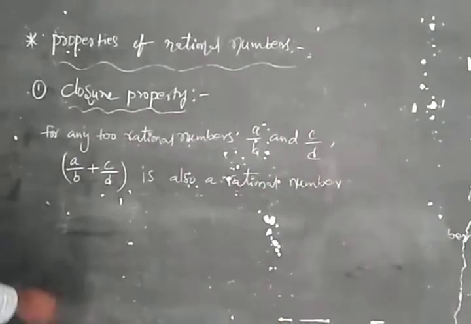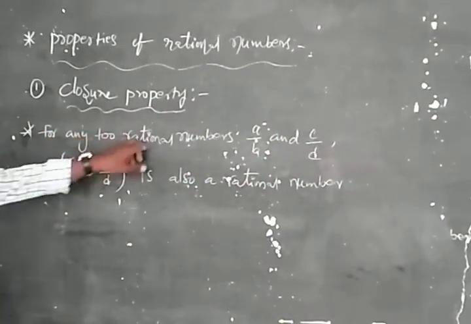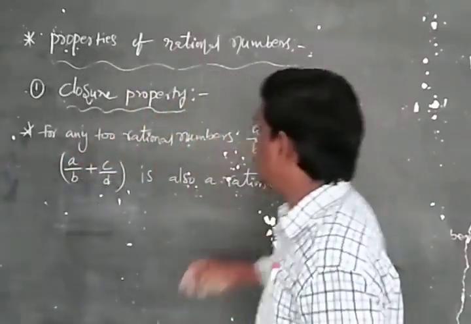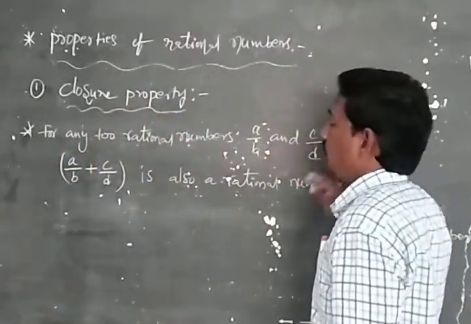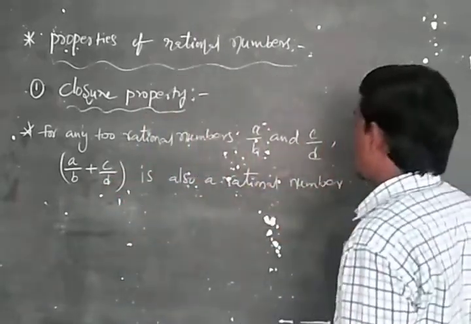Already I conveyed here, for any two rational numbers A by B and C by D, A by B plus C by D is also a rational number.